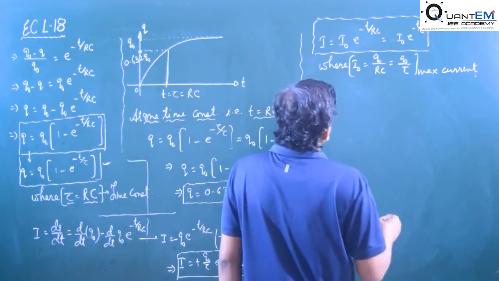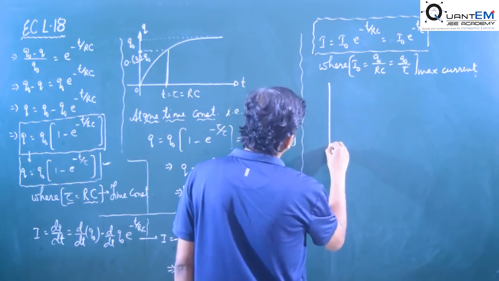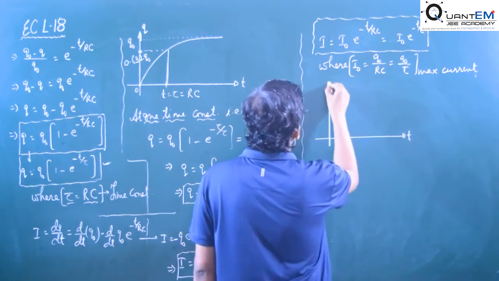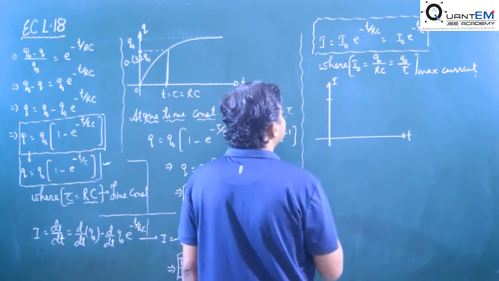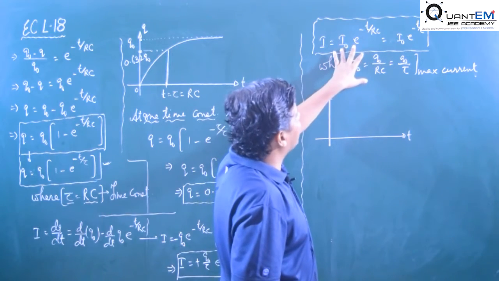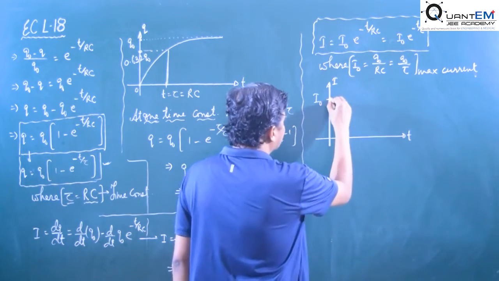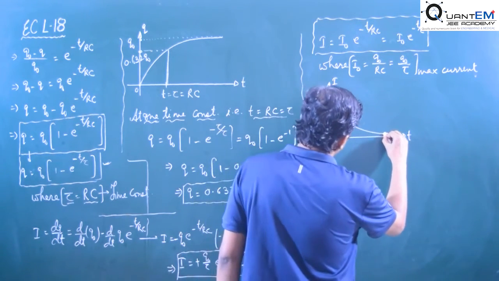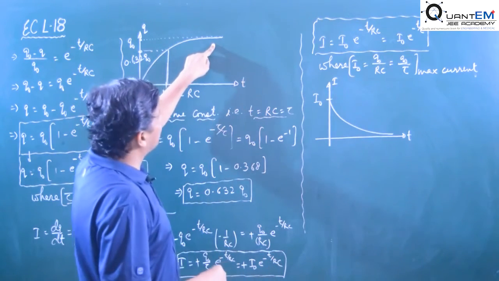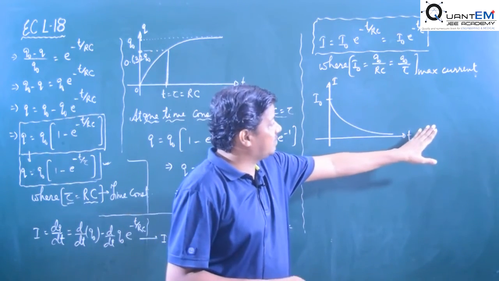Now what is the I-t graph? As the switch is closed at time t equal to 0, we have I naught e to the power 0, so current is maximum. After a long time, the charge across the capacitor becomes constant, the maximum charge in steady state, while current drops to 0 and becomes negligible.